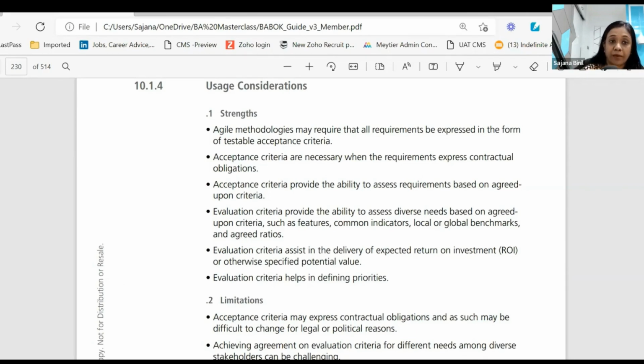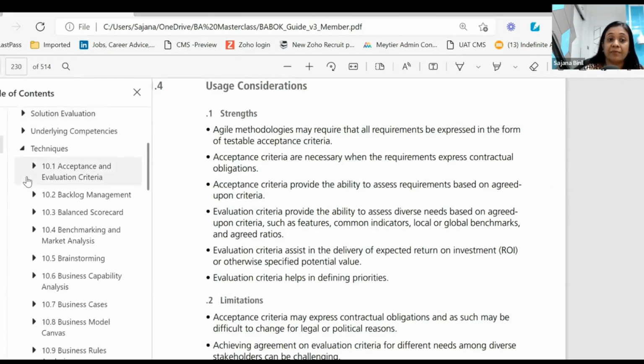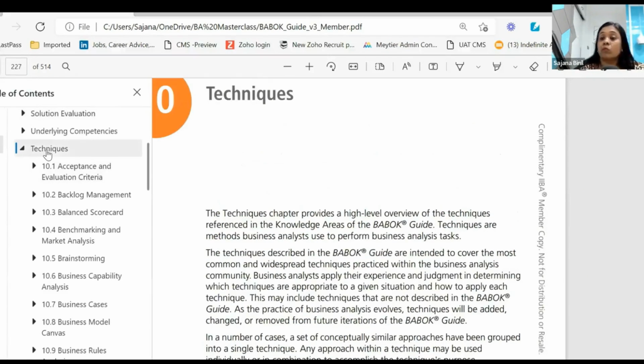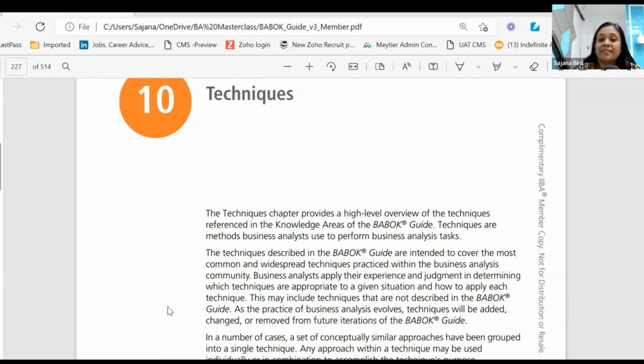Now I'm going to tell you exactly, from the exam per se, what techniques you should focus on and what you can keep aside. Only if you find that interesting. You don't have to memorize all 50. Is that interesting, if you want to know that, or do you want to memorize all 50?